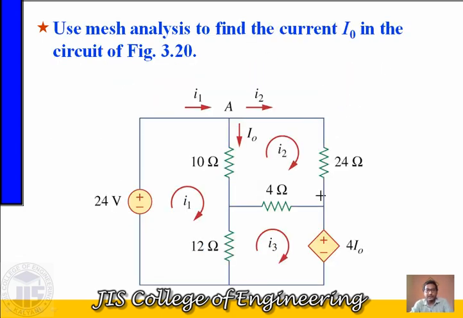Similarly, for our second mesh, for this 24 ohm resistance, only the I2 current is there. So 24 times small I2, plus 4 times (I2 minus I3), since I2 is on this side and I3 is on this side, then plus 10 (I2 minus I1), equal to 0. That's it. The 24 I2 is written, then through this 4 ohm resistance I2 is this side and I3 is this side, so 4 (I2 minus I3).